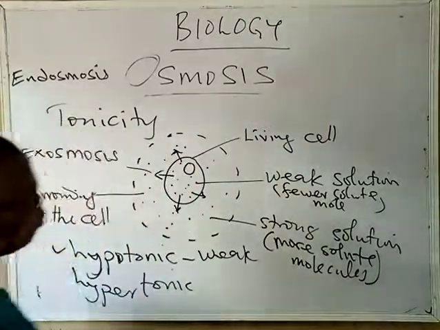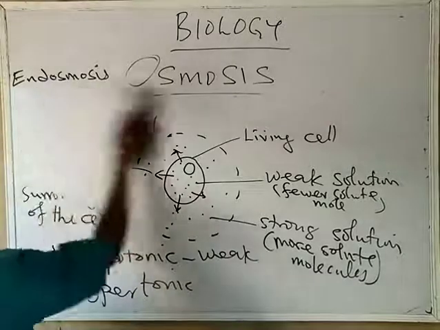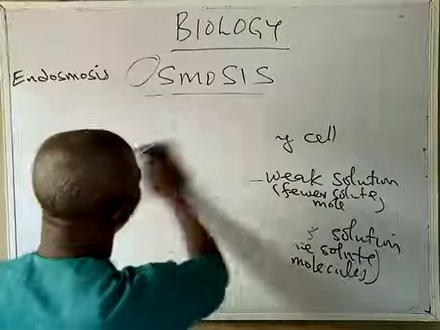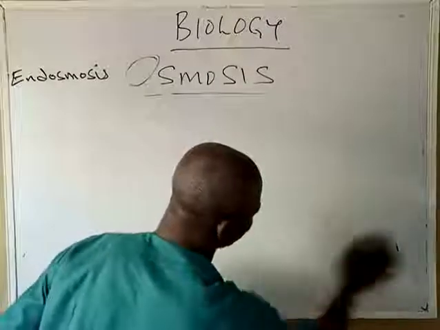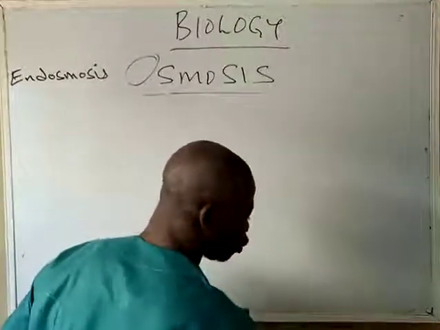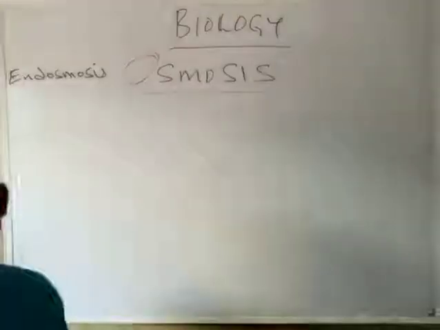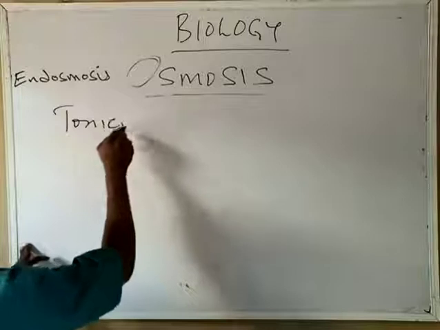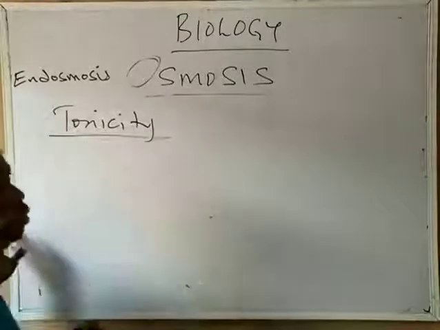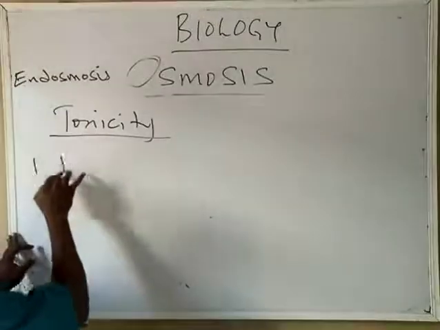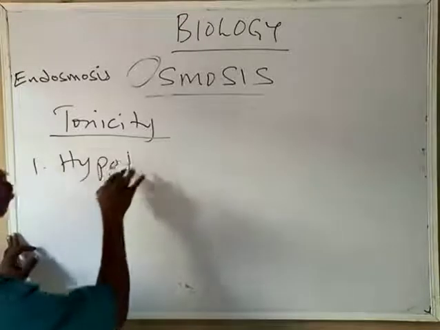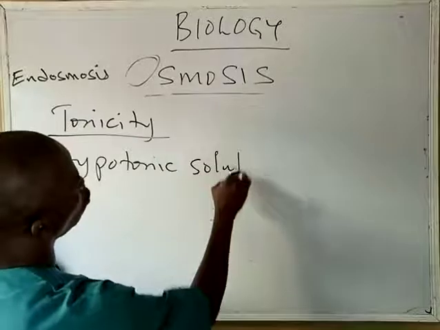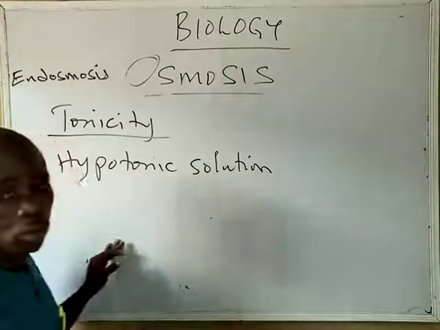Now the third variation of tonicity is the isotonic solution. Isotonic solutions are solutions that are at equilibrium. So for tonicity, we have three types of solution. One, we have hypotonic solutions, which are otherwise called what?